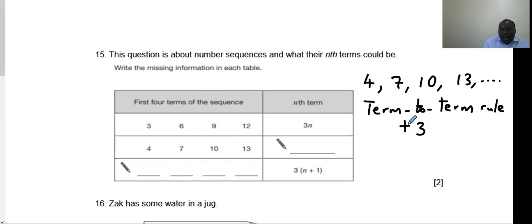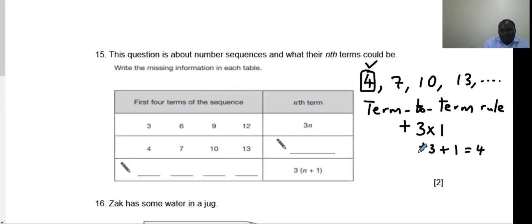The term to term rule is like 3 times the position number of 4, which is 1. But 3 times 1 is positive 3, and we have to get 4. So what is missing is plus 1. 3 plus 1 equals 4.